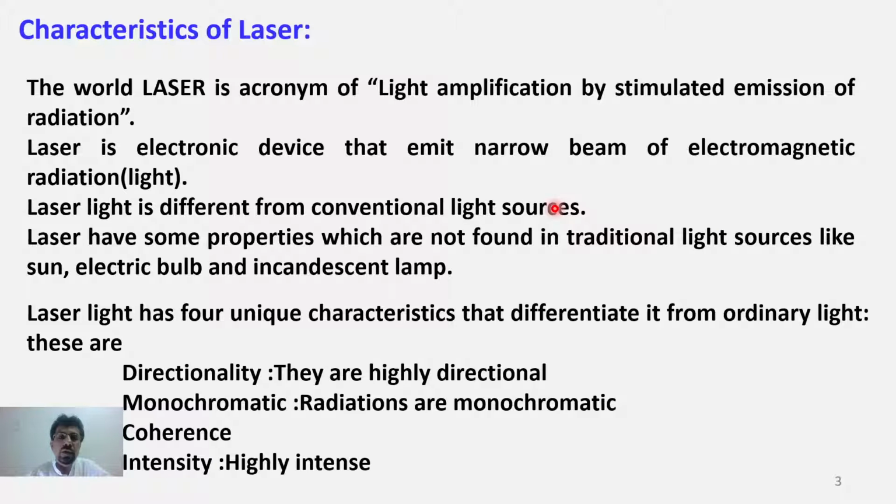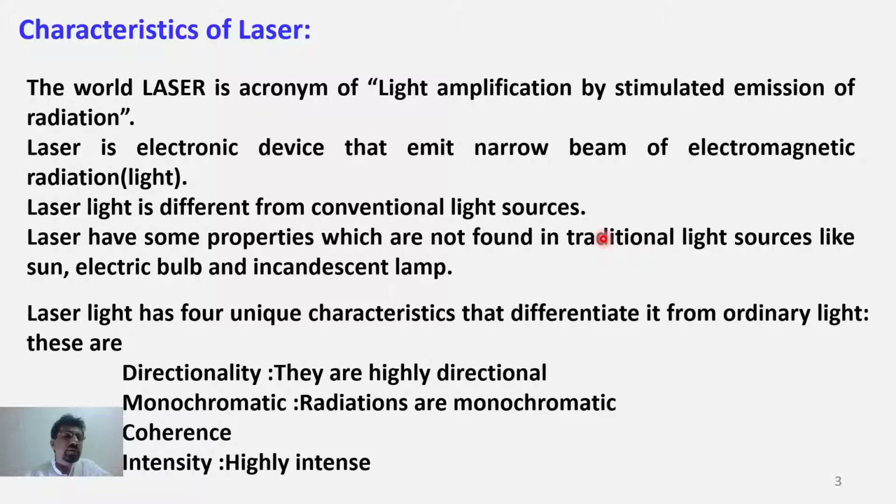Friends, in the first chapter we have studied what we mean by the laser and the comparison of the laser with the ordinary light source. We know that the word laser is the acronym of light amplification by stimulated emission of radiation.